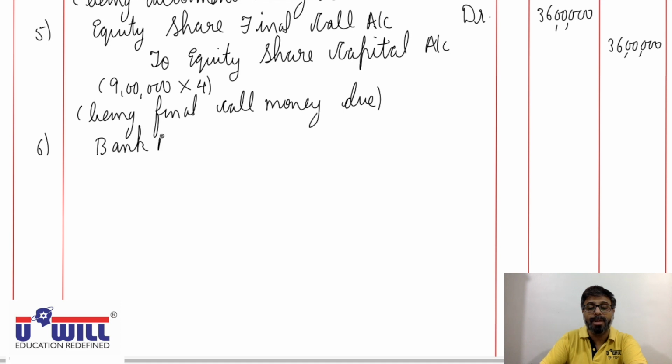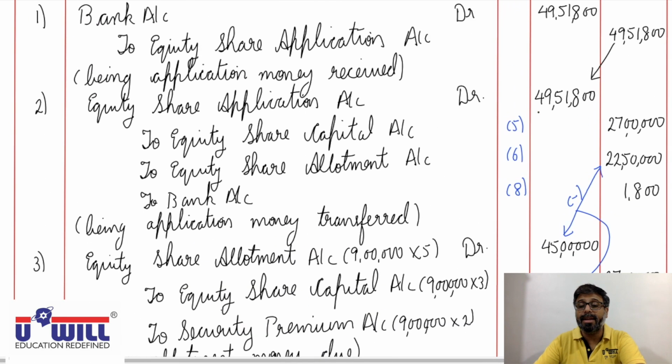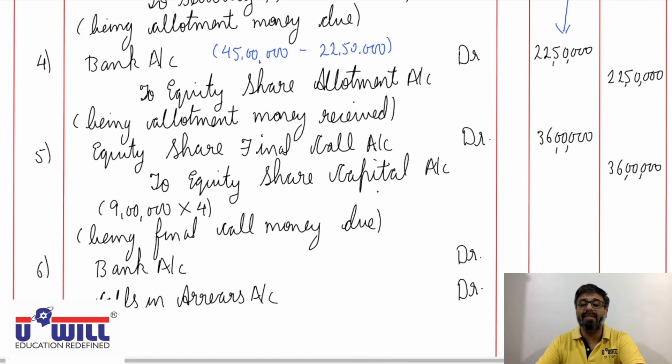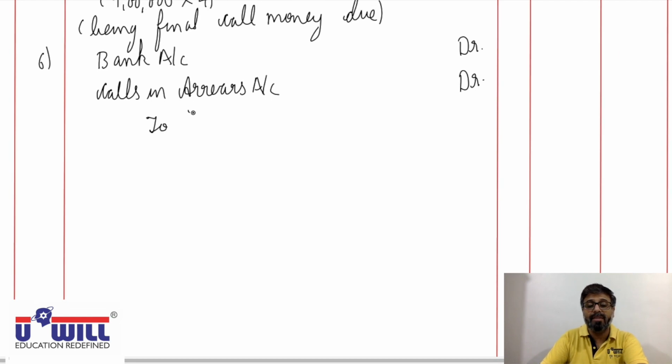Bank account debit with the money received. Calls in arrears account debit with the money not received. Had there been calls in advance, we would have debited that too, but here we don't have it. So straight away to equity share final call account.